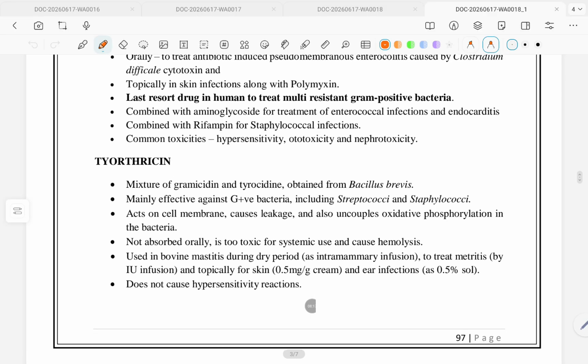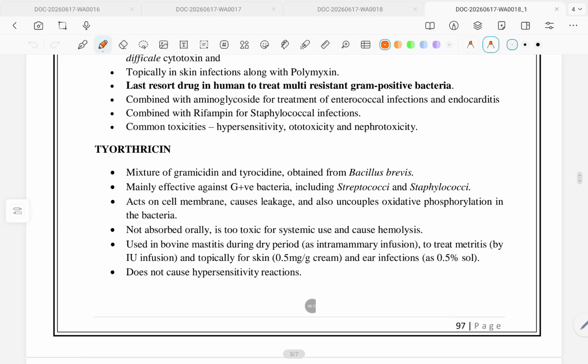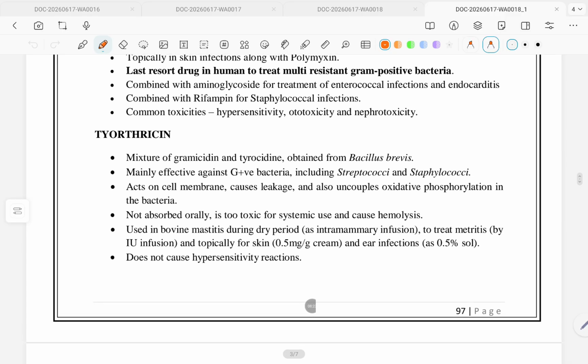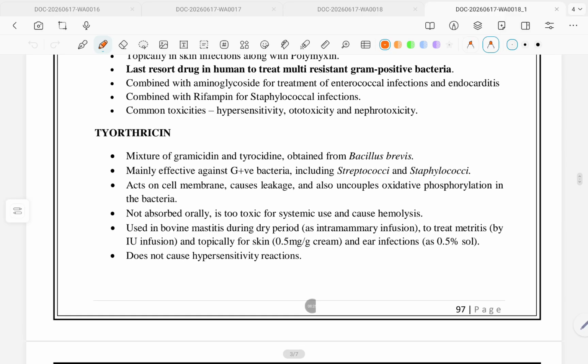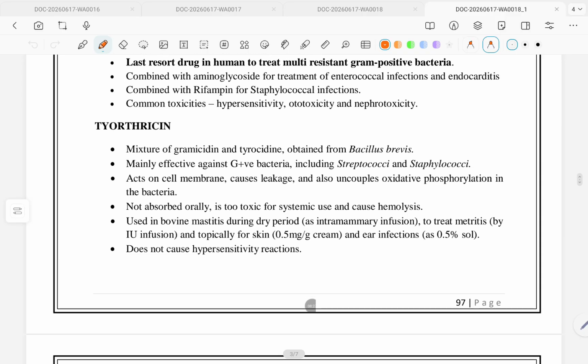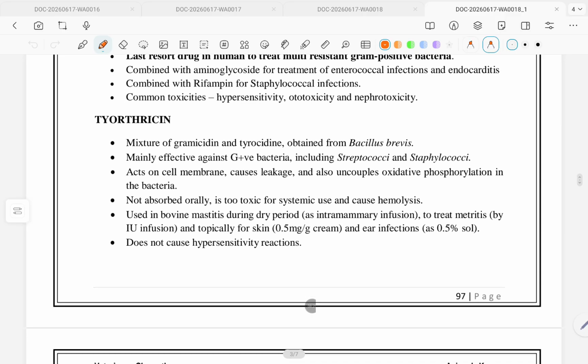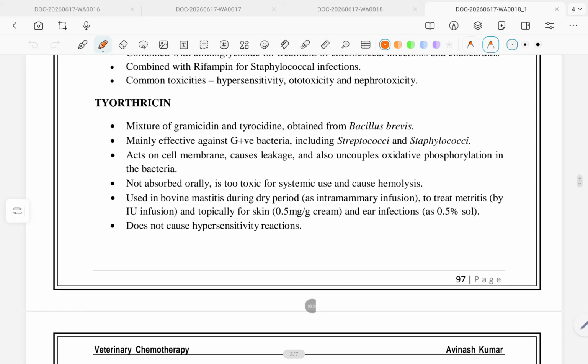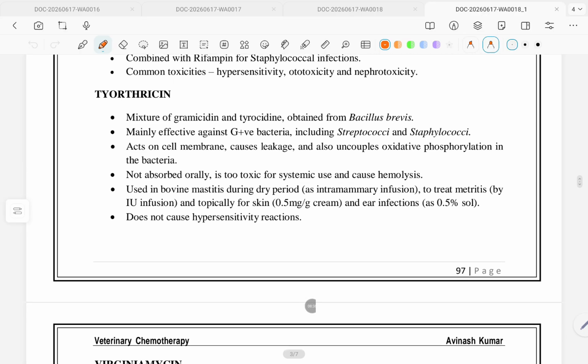It is a last resort drug in humans to treat multi-resistant gram-positive bacteria, combined with an aminoglycoside for treatment of enterococcal infections and endocarditis, and combined with rifampin for staphylococcal infection. Common toxicities: hypersensitivity, ototoxicity and nephrotoxicity.